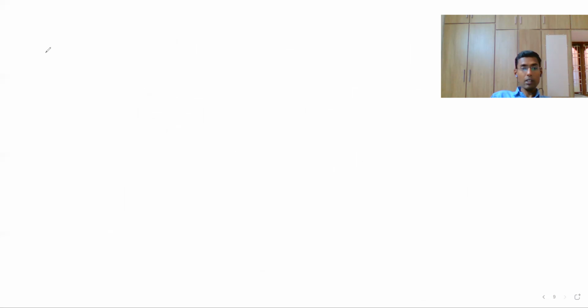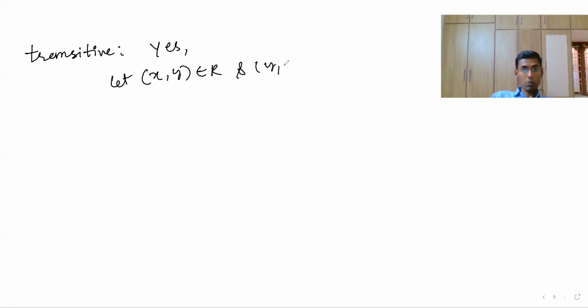Why? Because for transitive it does not have to be symmetric. Let (x, y) belong to R and (y, z) belong to R. Understand that is, x is less than or equal to y and y is less than or equal to z.